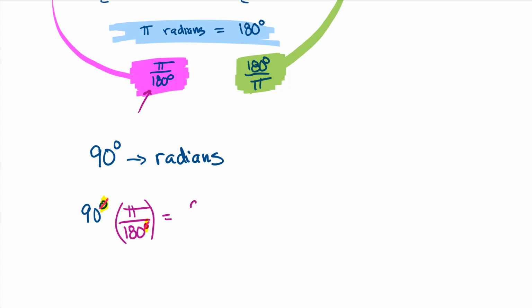So you have 90 pi over 180. But 90 goes into 180 evenly, so you have pi over 2. Didn't we already know that? 90 degrees was the same thing as pi over 2, our quadrantal angles.